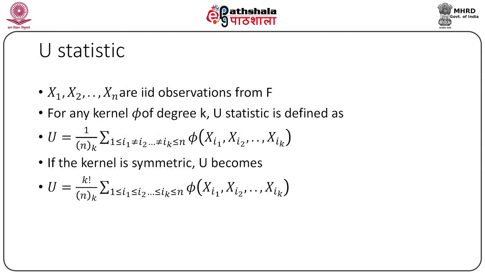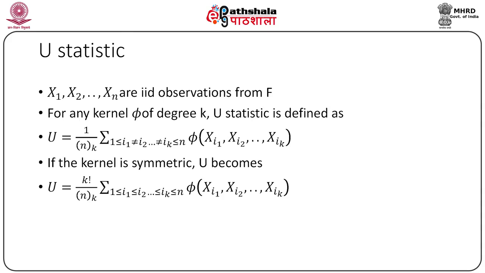Now, we shall consider the concept of a U-statistic. Kernels are unbiased estimators, but are not based on all observations. A U-statistic is the non-parametric analog of an unbiased estimator based on all observations. Consider n IID observations and a kernel of degree k. Assume that phi is symmetric.